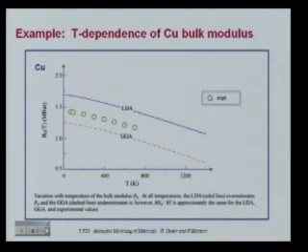Okay? So you could say, well, I'm going to do this brute force. I'll do a big molecular dynamics simulation, and after this we'll start molecular dynamics in the class, and that's definitely a way that you would get the temperature dependence of the bulk modulus. But in some cases, you can do this much faster if you're smart about what the physics is that's going on. Let me show you what the question really is.